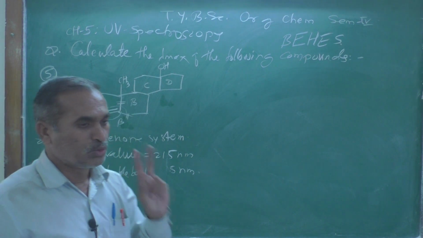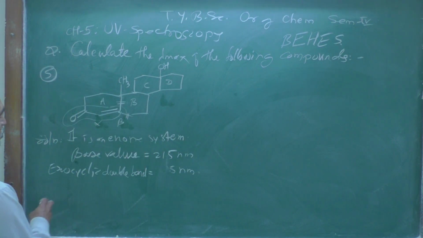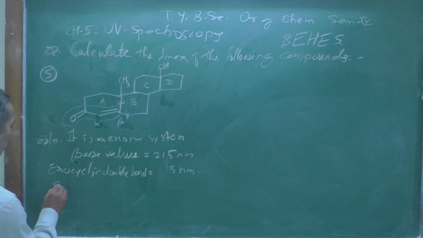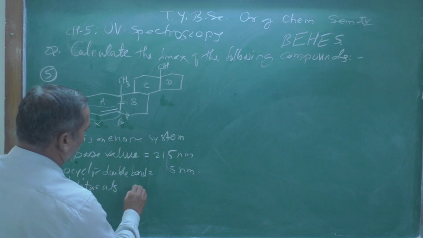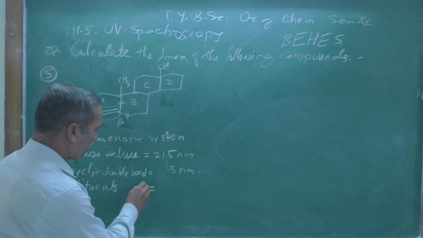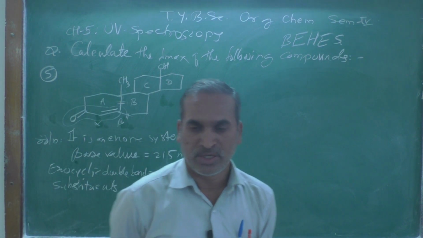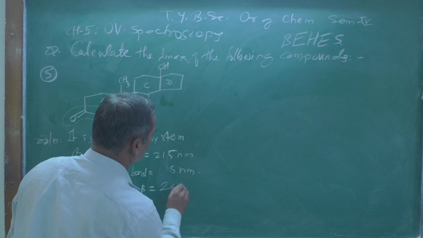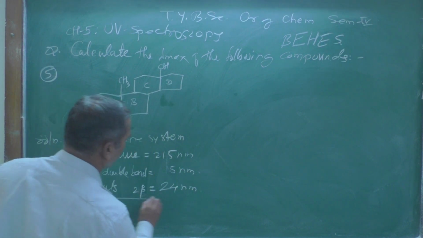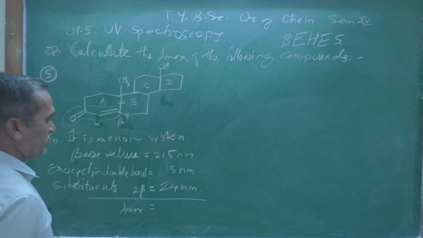So there are two beta substituents present in this case, and therefore you can write here the substituents, two beta. For one beta we generally add 12 nanometers. If there are 2, 12 into 2 becomes 24 nanometers, and then you can write lambda max and do the addition over here.